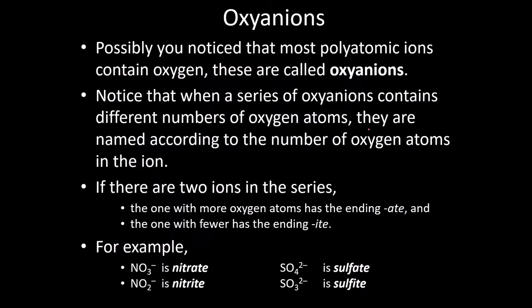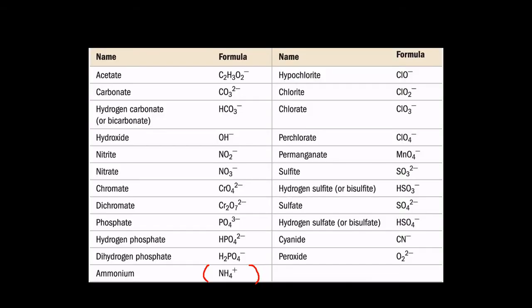All right. You might have noticed on the previous slide, when we were looking at all the different anions, that nearly all of them, I think actually the only exceptions on here are this one and this one, have oxygen as if not the most significant part, at least a significant part of the ion.